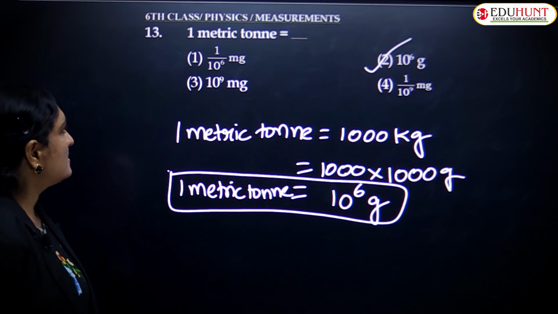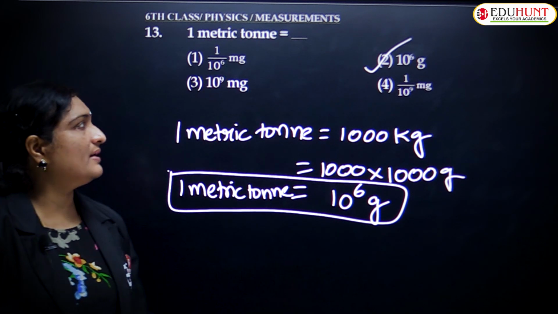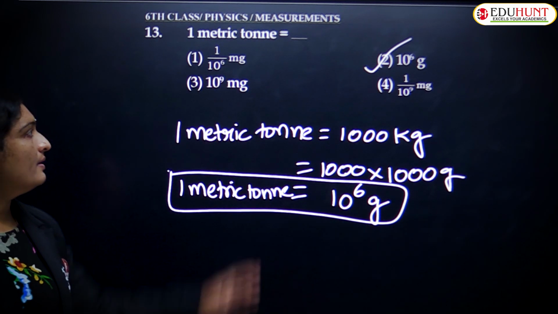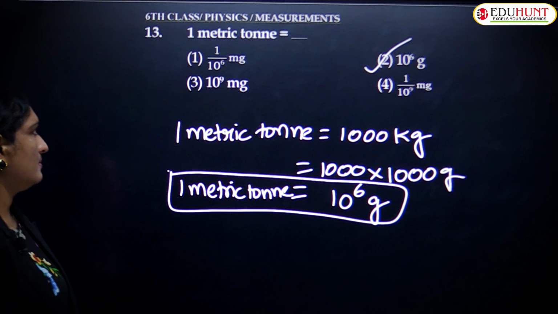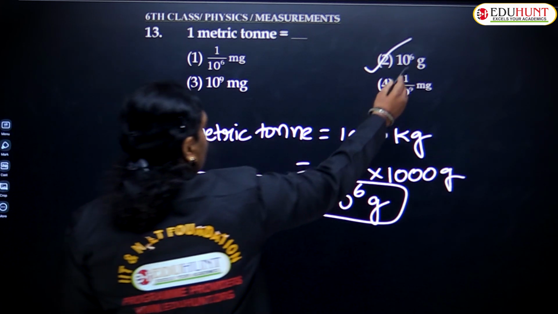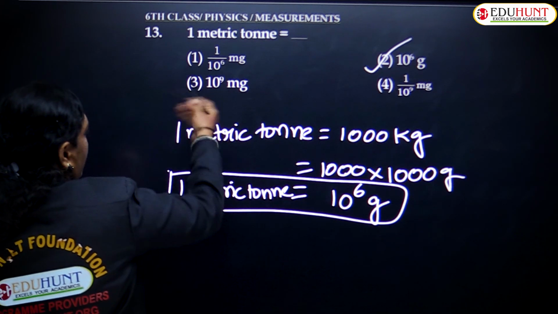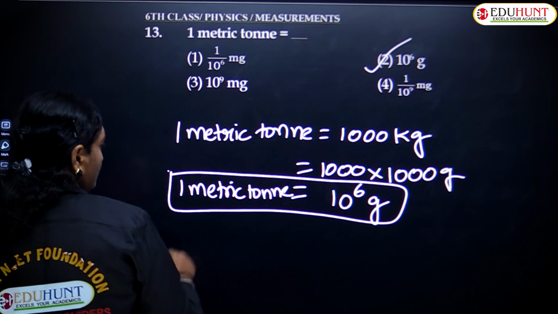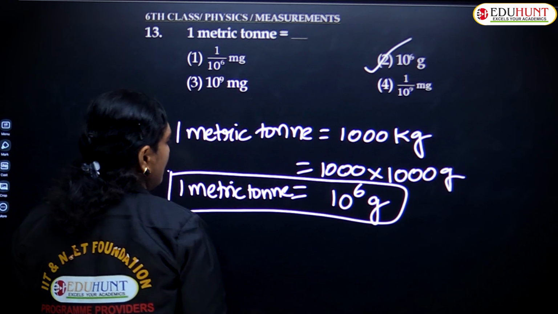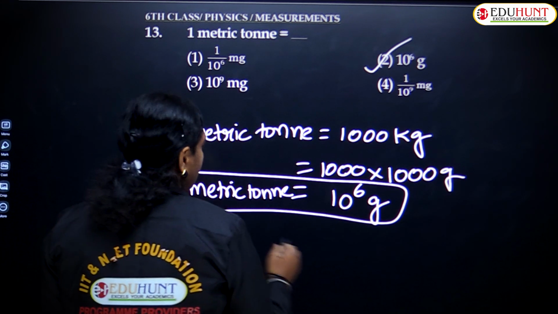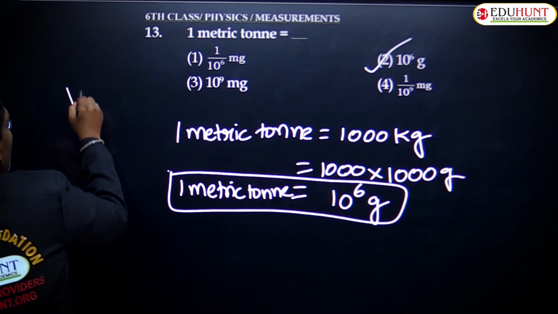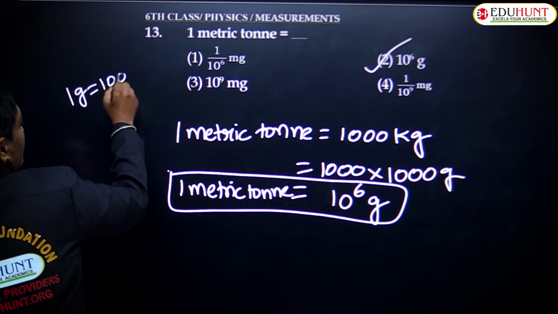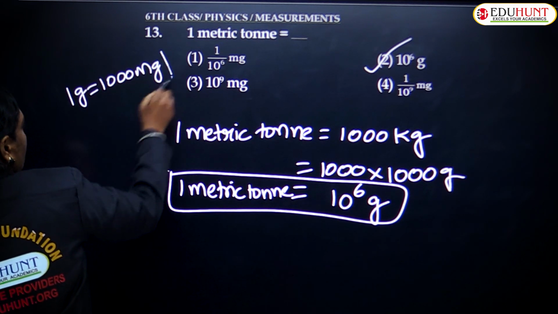Clear? The rest of all were given in milligrams, so let us check whether this is also true or not. Maybe they would have given M here. Let us try to convert the same in milligrams. We know that 1 gram is equal to how much, children? 1 gram is equal to 1000 milligram. Do you remember this?